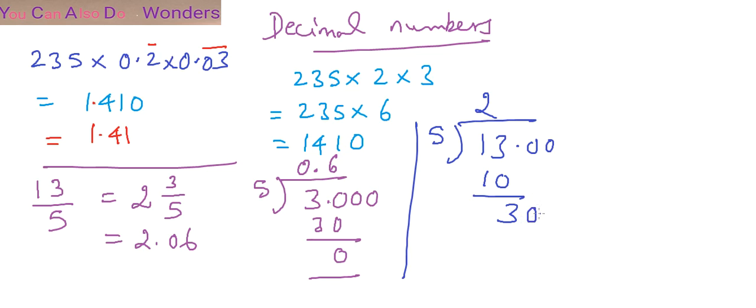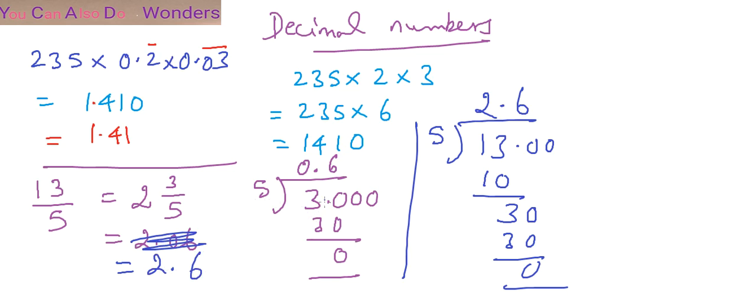Again, we have taken the digit after the decimal point, so we will place a point here. So 30, 6 times, 6 into 5, 30, remainder 0. So therefore this 0.6 is not 2.06, it's 2.6, isn't it? Because when you divide 3 by 5, you get 0.6, it's not 0.06, so 2.6. So same result we got here, 2.6.